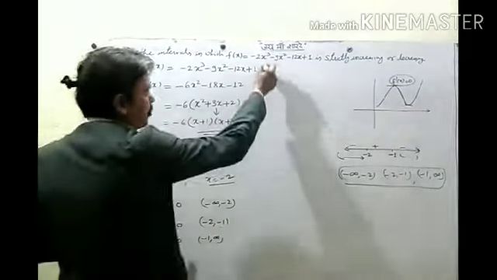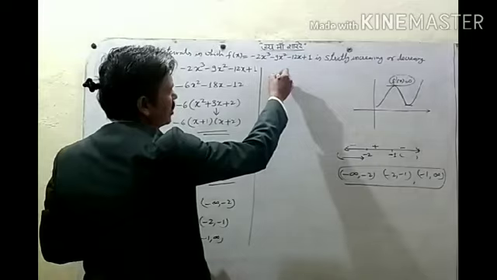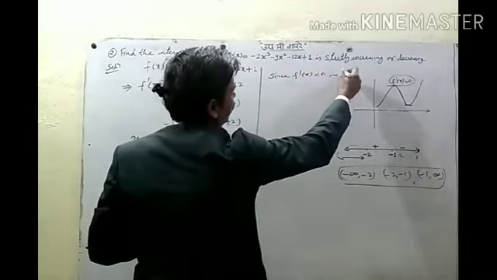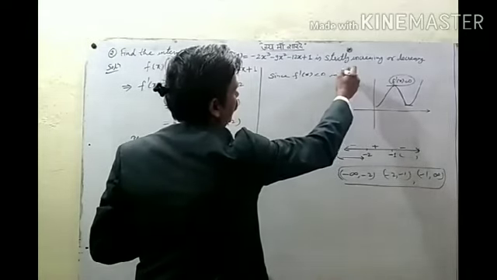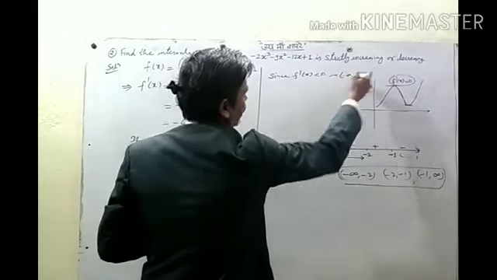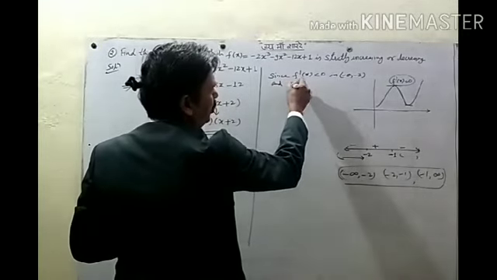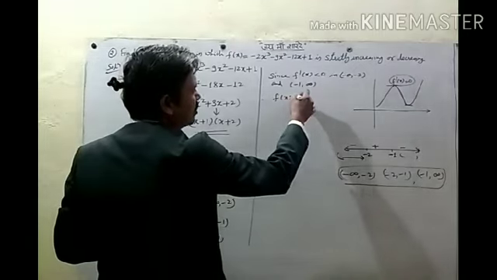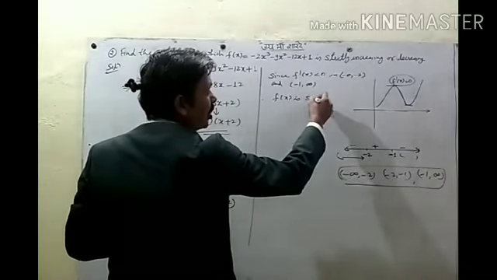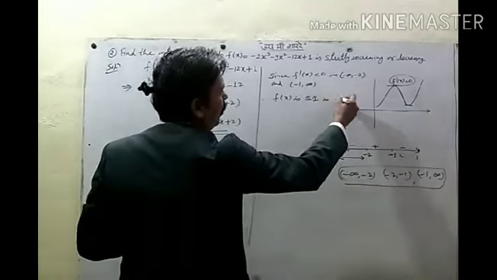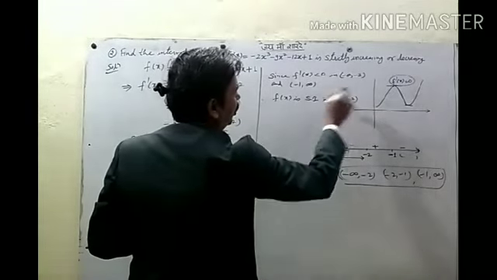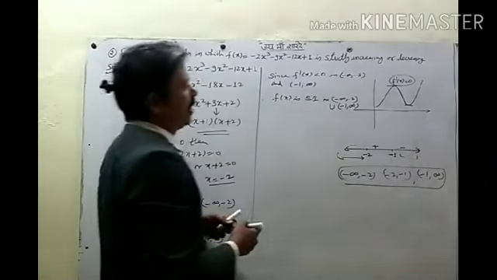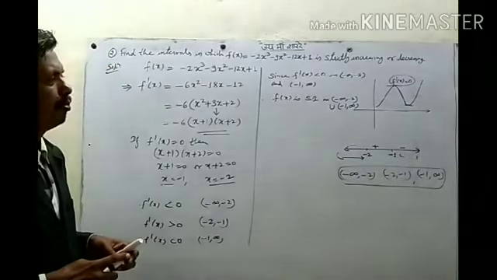So since f dash of x is less than 0 in the interval minus infinity to minus 2 and minus 1 to infinity, therefore f of x is strictly decreasing in the union of these two intervals: minus infinity to minus 2 union minus 1 to infinity.